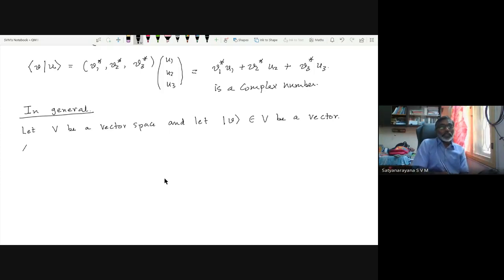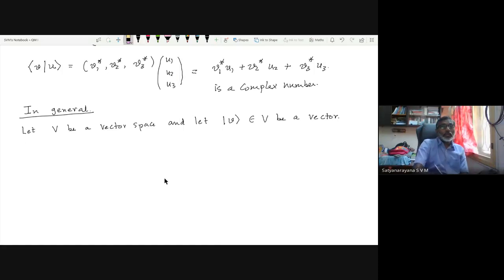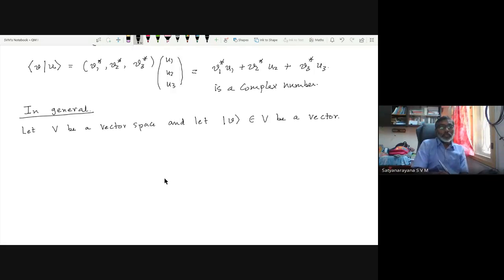Okay. Then for a vector U, this bra U is a linear functional from V to the set of complex numbers in general.